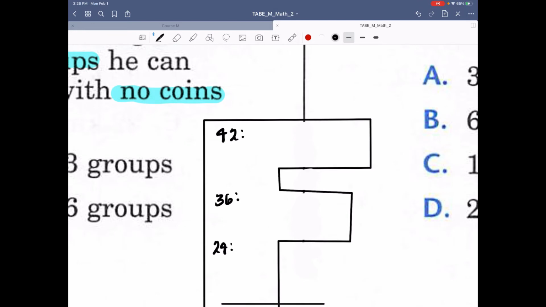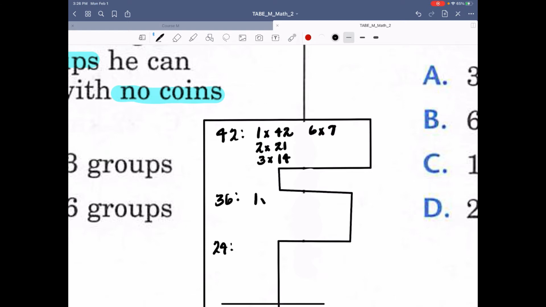The 42 is going to be 1 times 42, 2 times 21, 3 will work, times 14. 4 won't work, 5 won't work, 6 will, 6 and 7.